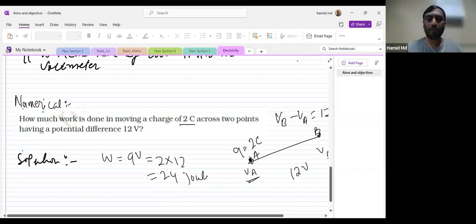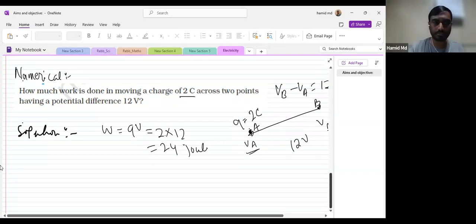So if we have to find the potential difference, it's the difference in potential at 2 points in a circuit. Okay. So if you are confused, we may draw it again.